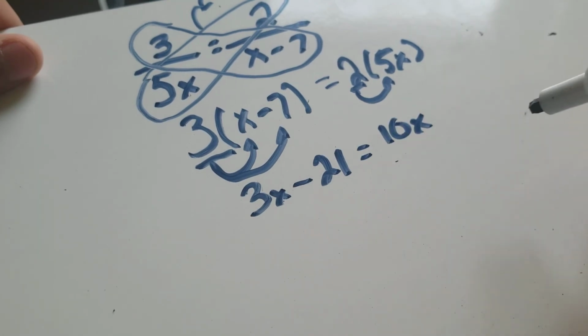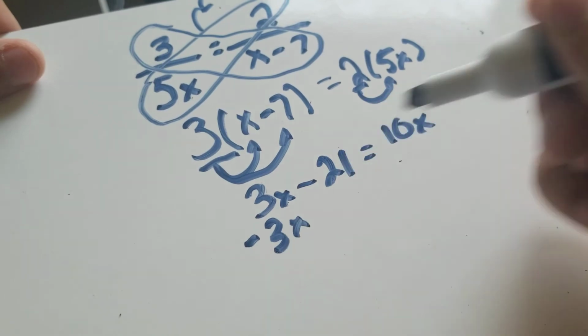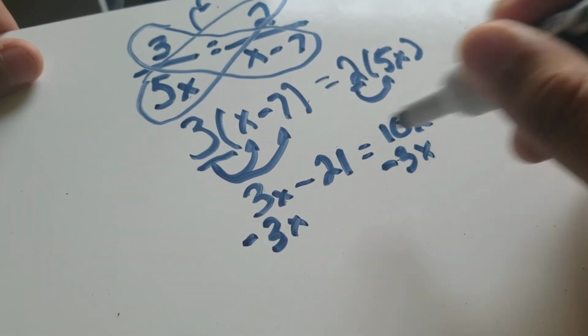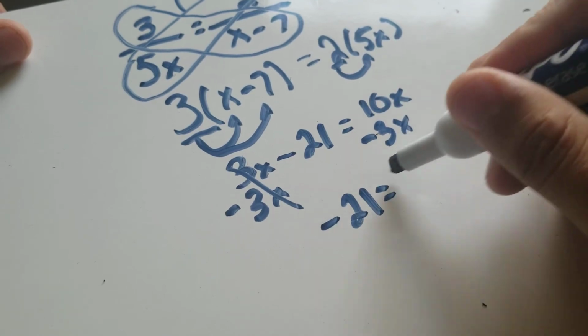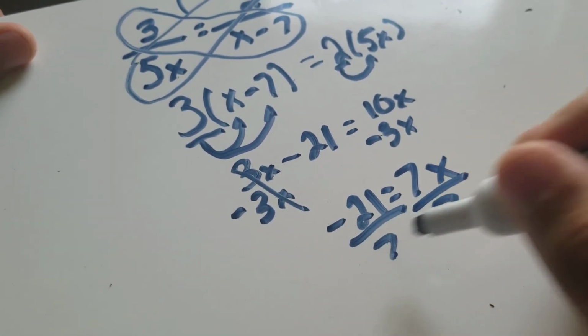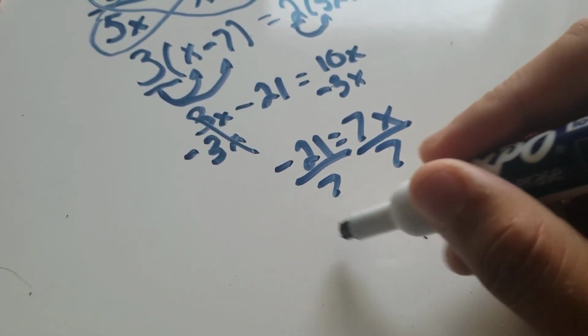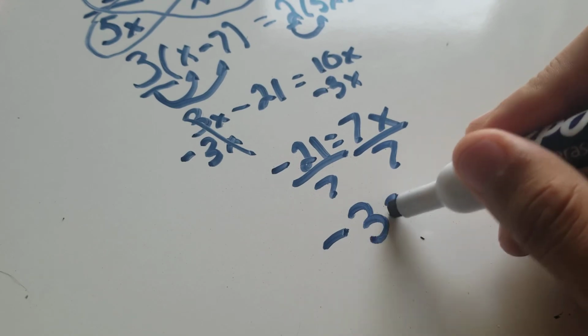So let's move over the x's, because I have x's on both sides. 3x is smaller, so minus 3x, minus 3x. So that's negative 21 equals 7x. I'm going to divide by 7, divided by 7. Over here, I get negative 3 equals x.